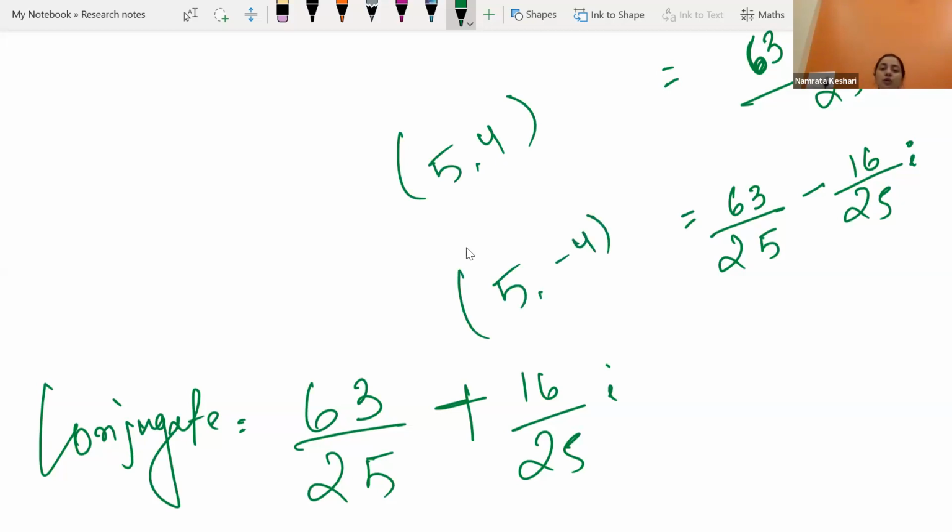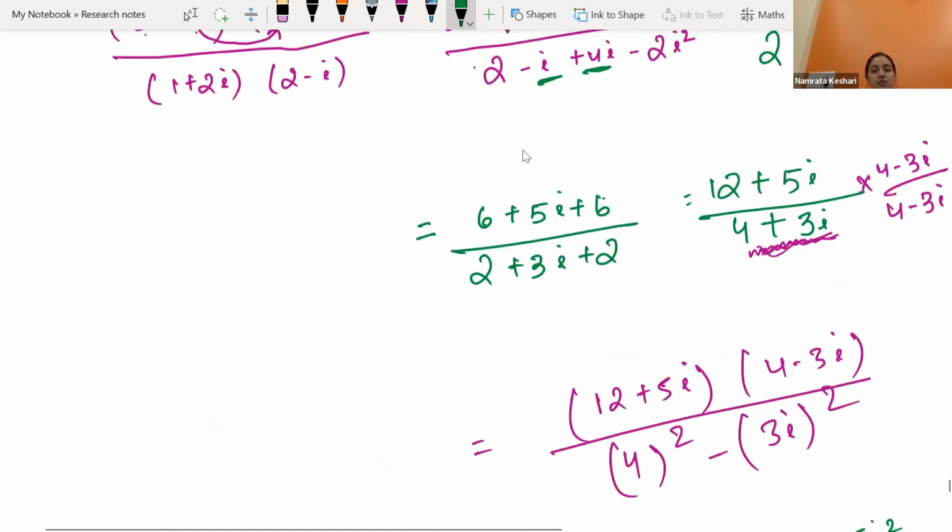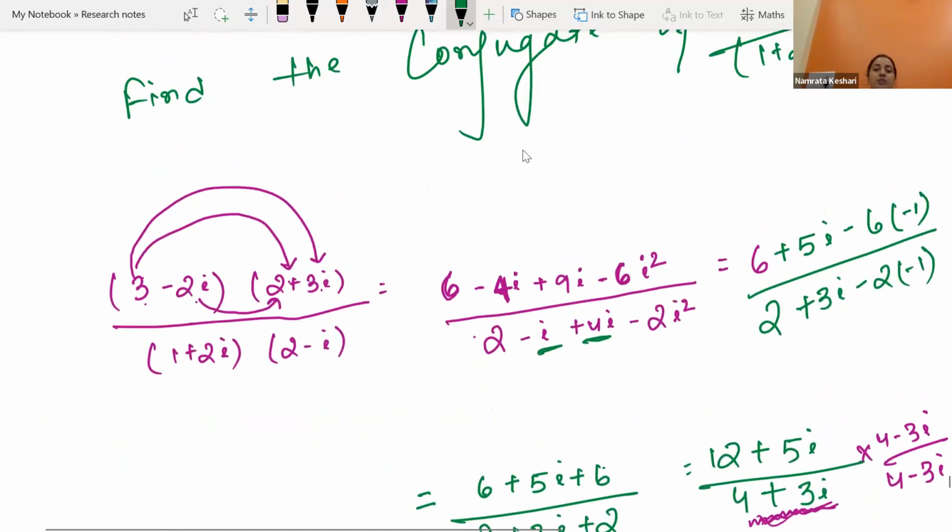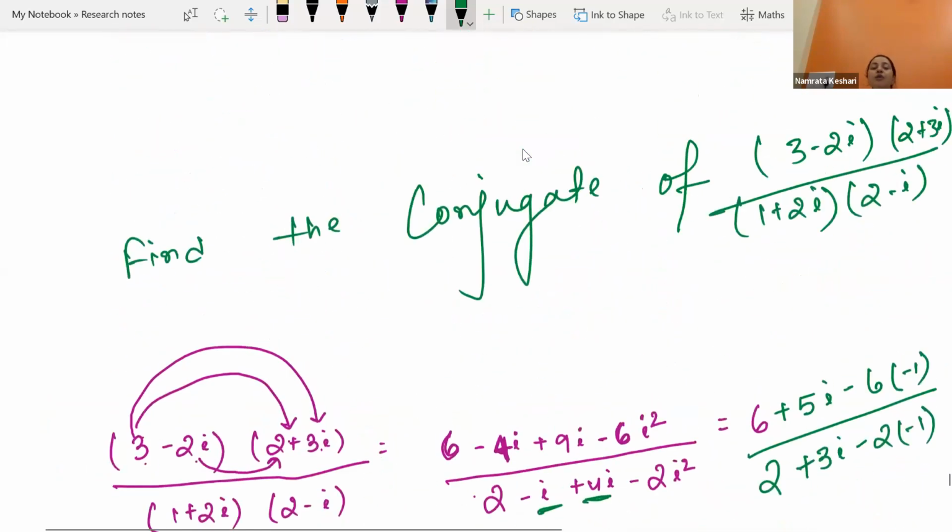So a question can come in the MCQ portion like this, but you can exactly expect this type of question, that first we are supposed to simplify it and write it in the form of x plus iy, a plus ib, the standard form of a complex number, and then we need to find the conjugate. Is it clear to you, Ali and Alina? Yes, ma'am.